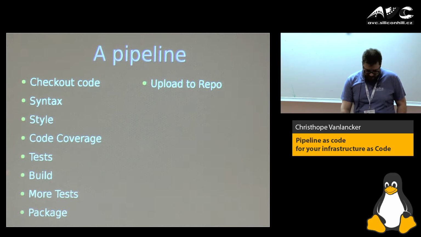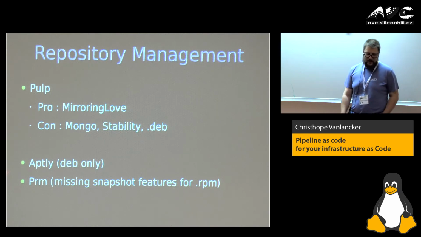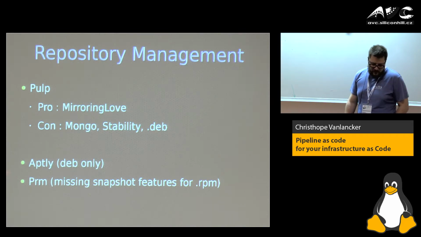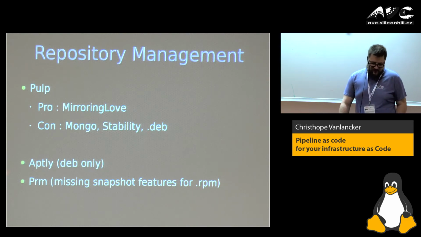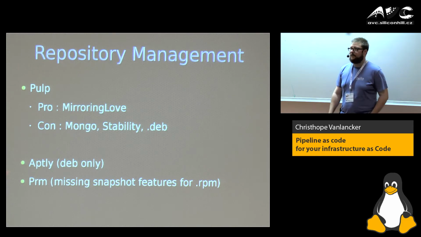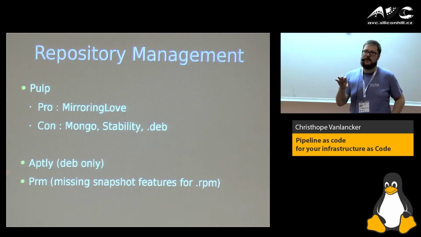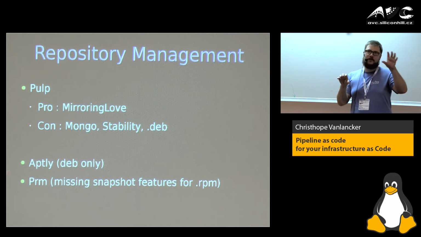For repository management, we use Pulp, but there are some other repository software out there, like Aptly or PRM. We use Pulp, not just because we use CentOS, but also because Pulp allows us to store the packages once on the system, but we can generate snapshots of the same repository.